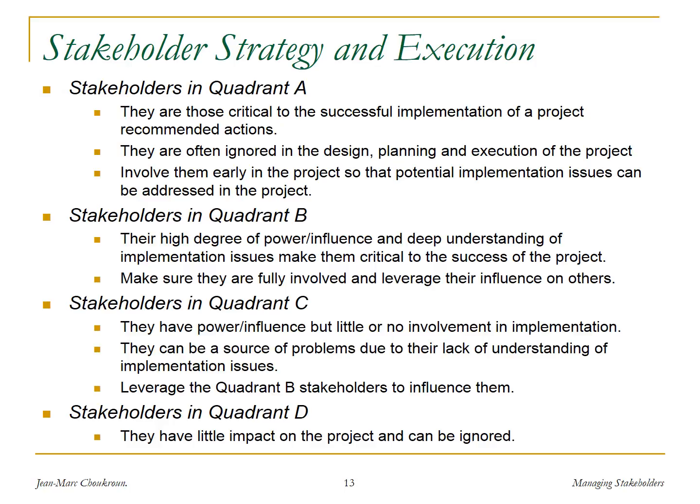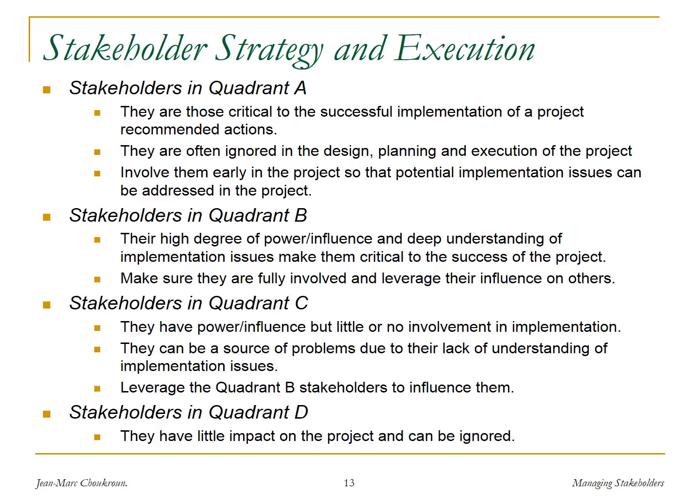Quadrant C are low power, low influence, so they don't really need a lot of your attention. I'm sorry, as you can see, I think I switched the two. I think what I refer to as D in that slide is actually C in the diagram.